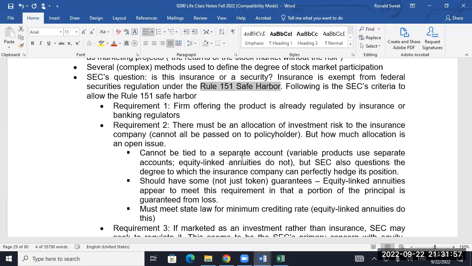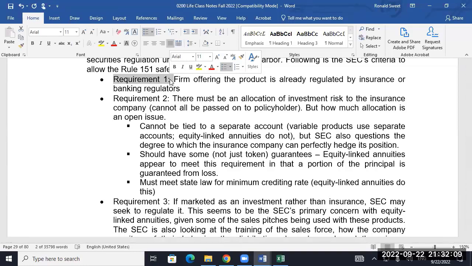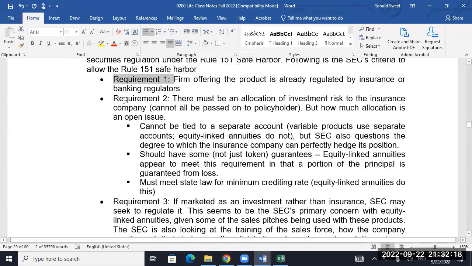So how does the SEC decide whether or not you're exempt? Their first requirement is, is this firm regulated by the insurance or banking regulators? Will only insurance companies sell this? So 100%, yes, they are regulated. That one's a piece of cake. The second question they ask is, how is the investment risk allocated?